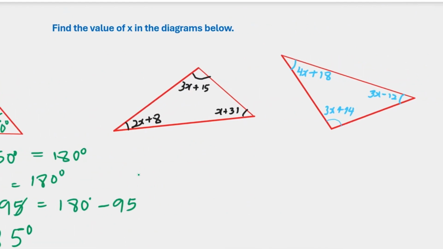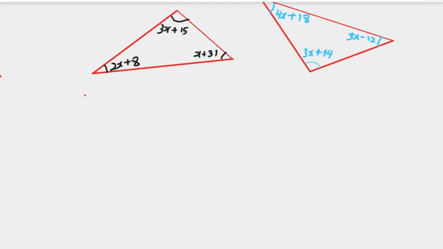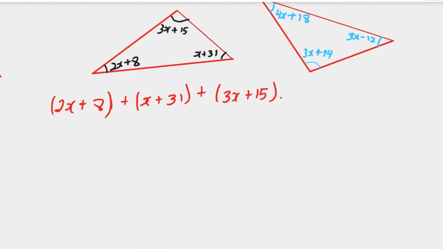Let's come to the second one. So that's the next diagram. We have to find the value of x in this one too. But this time the angles are binomials. It's the same approach that we're going to use here. So we just have to add the angles. We have 2x plus 8, you can put in brackets, plus the next angle, x plus 31, plus the next one, 3x plus 15, and it should be equal to 180 degrees.